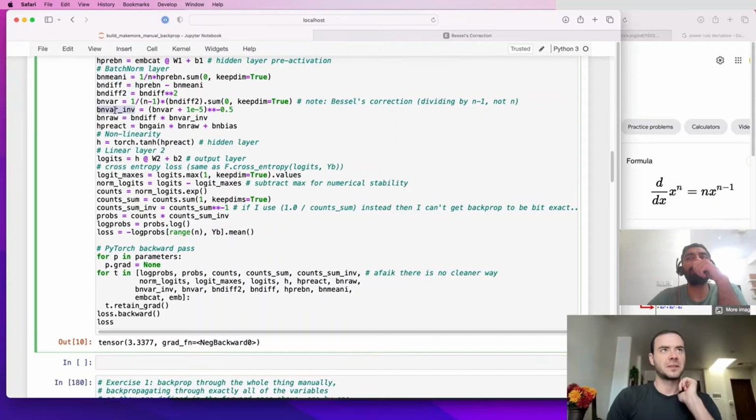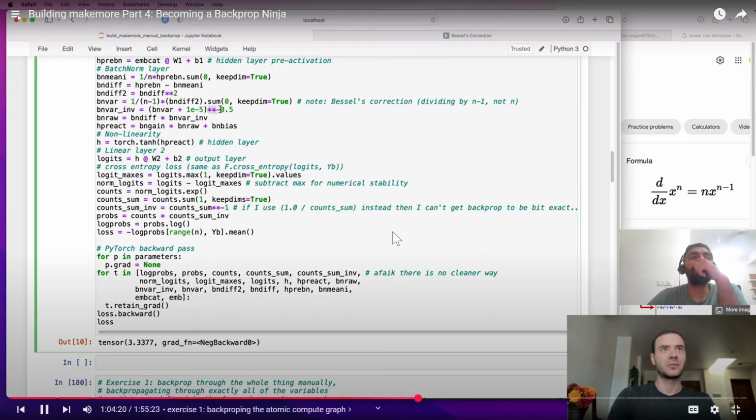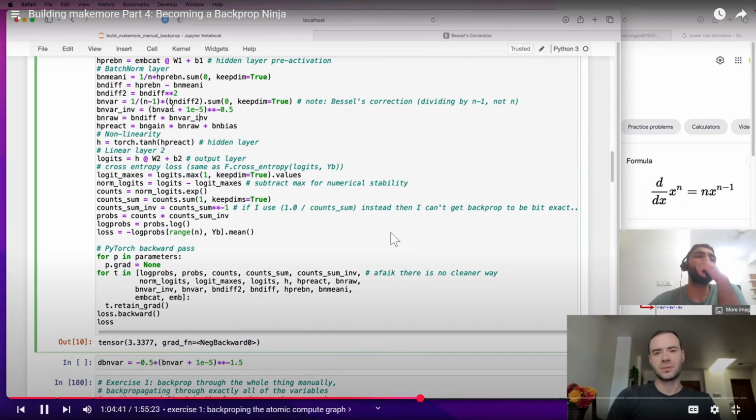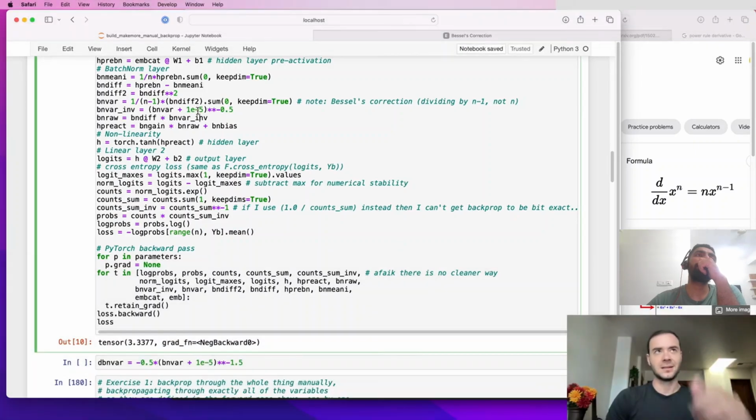Okay, so now we have the derivative here, and we're trying to backpropagate through this line. And because we're raising to a power of negative 0.5, I brought up the power rule, and we see that we would have to also apply a small chain rule here in our head because we need to take further derivative of Bn var with respect to this expression here inside the bracket. But because this is an element-wise operation and everything is fairly simple, that's just 1.